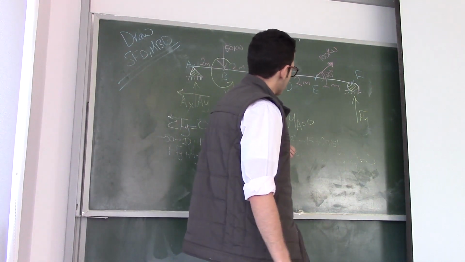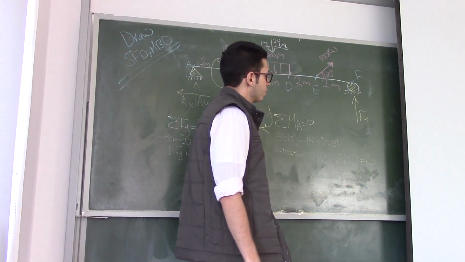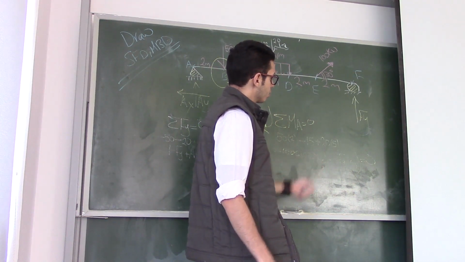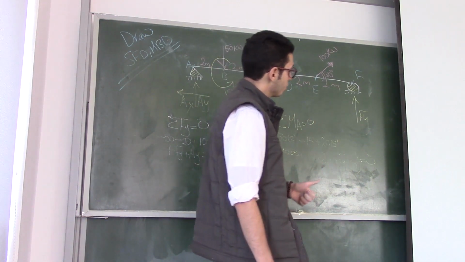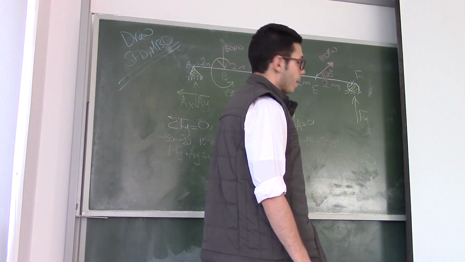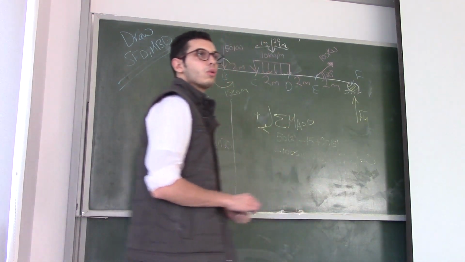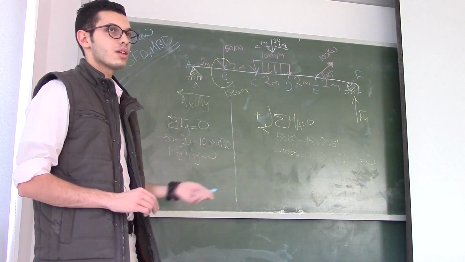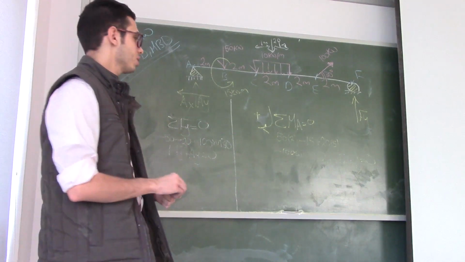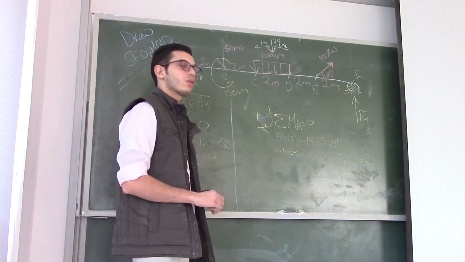185 minus 50 minus 215. 21.5, is that correct? Okay, who has a calculator?